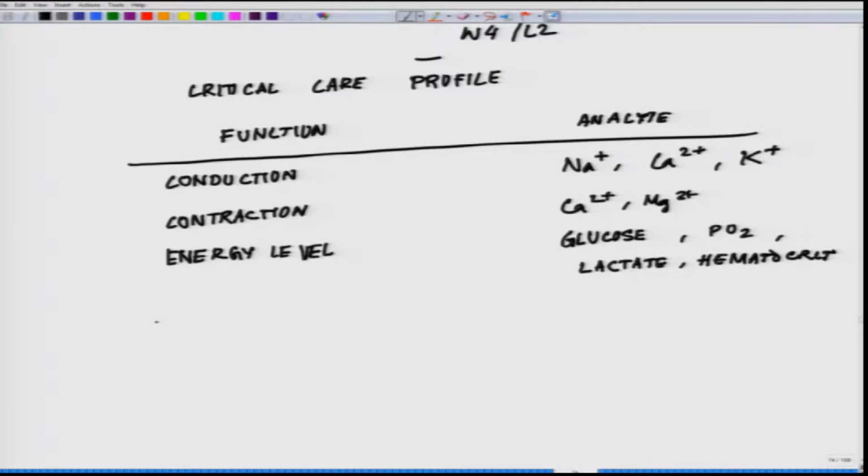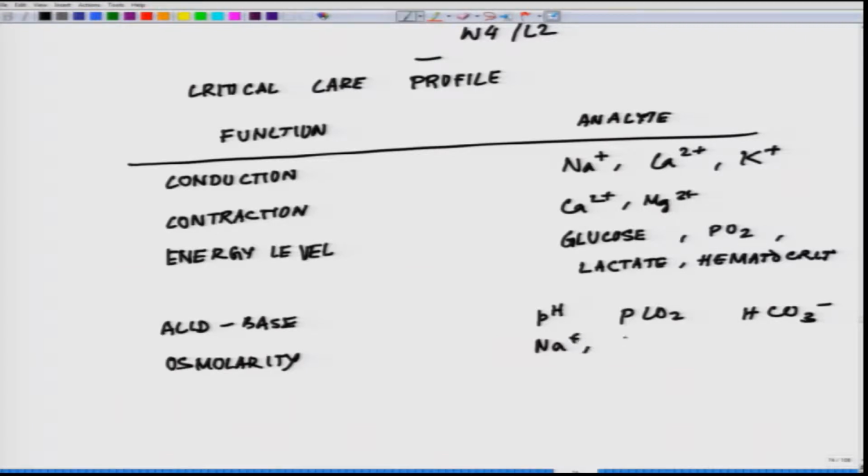Then, whenever we talk about acid and base, so what is the level of acidity in the body, we talk about pH and PCO2, partial pressure of carbon dioxide. Okay. When we talk about osmolarity of the blood, which is, by the way, around 320 milliosmol, we talk about sodium and glucose. Okay. So, if the glucose level goes up, the osmolarity will go up.